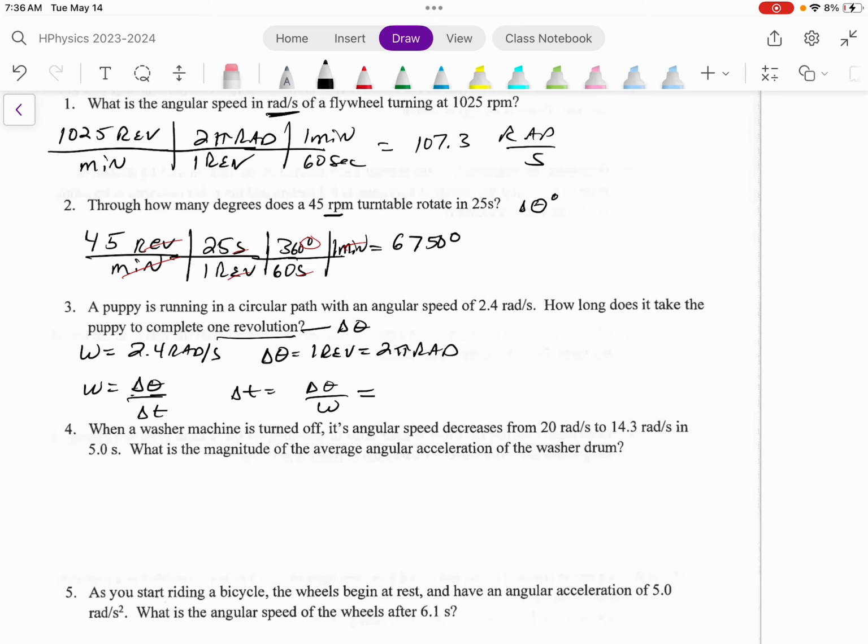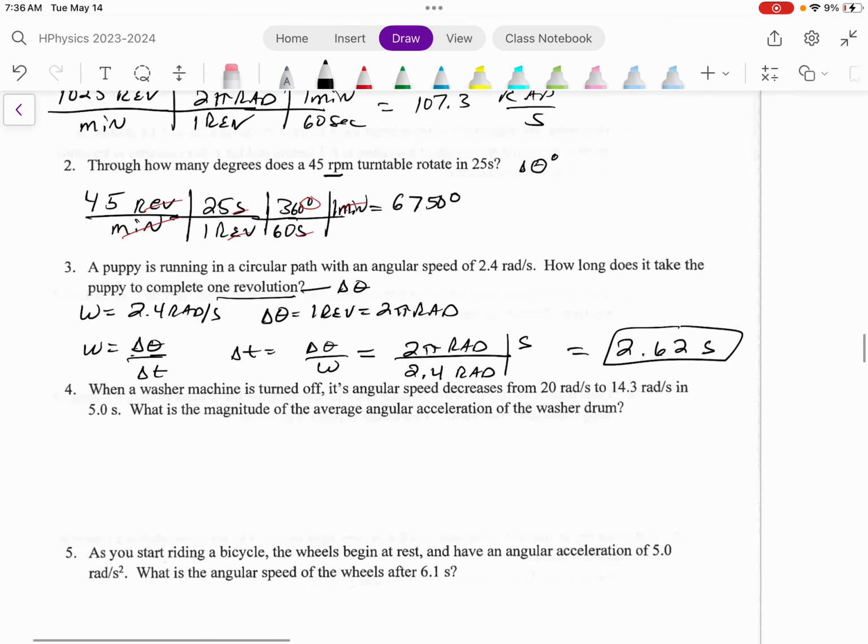So delta theta was 2 pi radians. The angular speed was 2.4 radians per second. That second's going to end up back on top. And if you plug that into your calculator, you're going to get 2.6. It looks like 2 seconds. And that makes sense because they asked for how long.